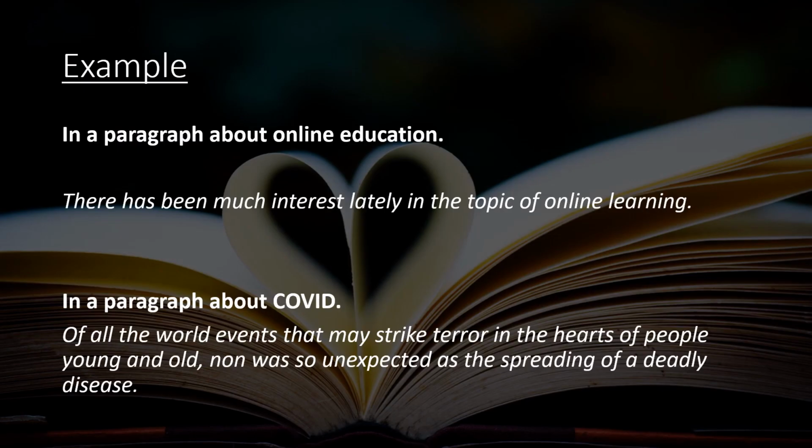So I've written a couple of examples of topic sentences. In a paragraph about online education, I might write, there's been much interest lately in the topic of online learning. So I might use a synonym of online education just to show the general topic that's being addressed. Okay, in a paragraph about COVID, I might say, of all the world events that may strike terror in the hearts of people young and old, none was so unexpected as the spreading of a deadly disease.